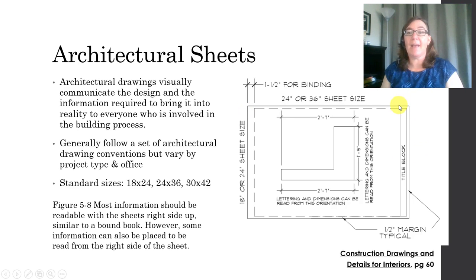It's very common to have a title block on the right-hand side, and your drawings would be centered in the middle or spaced evenly throughout the sheet, depending on how many you've got. There are some standard sizes of sheets, including 18 by 24, 24 by 36, and 30 by 42 inches.